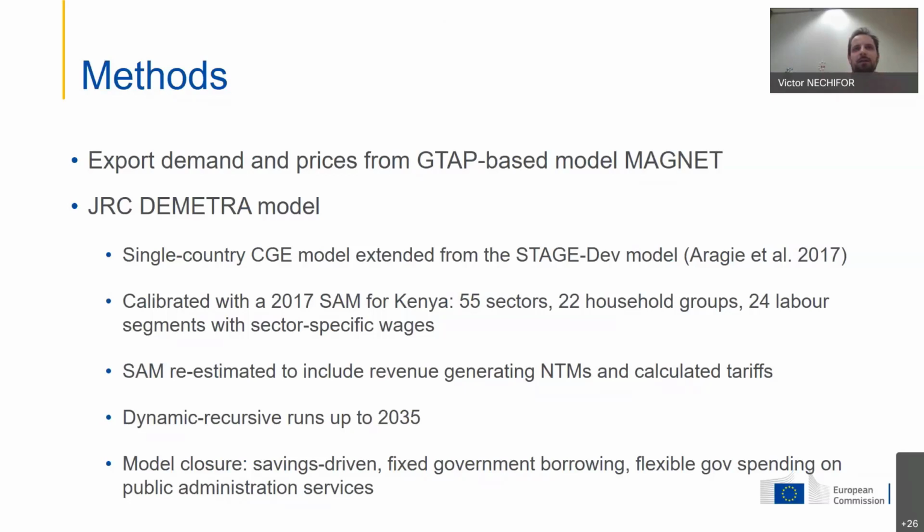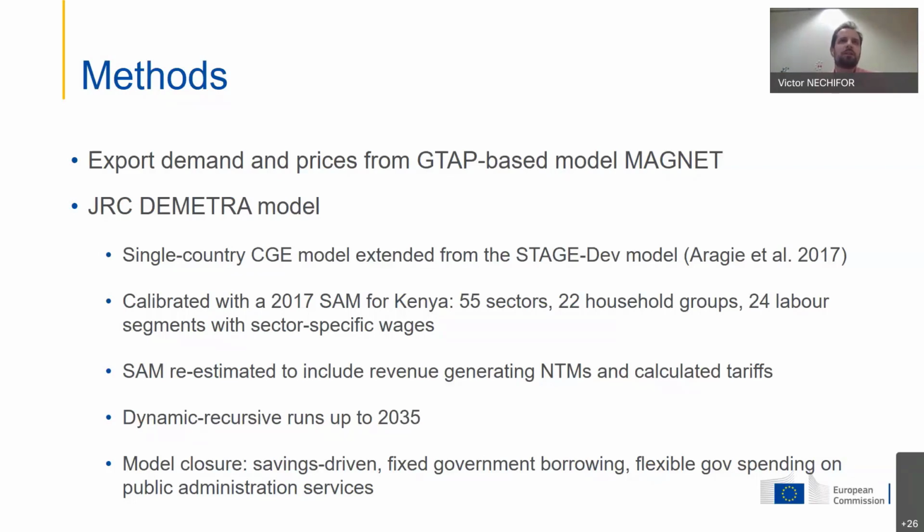For Kenya, we're calibrating the model using a 2017 social accounting matrix, with the full disaggregation of 55 sectors, 22 household groups, which are divided across agricultural zones and urban and rural segments. These households also have labor endowment, so you have 24 different labor segments, which are implemented in the model in production functions with sector-specific wages.